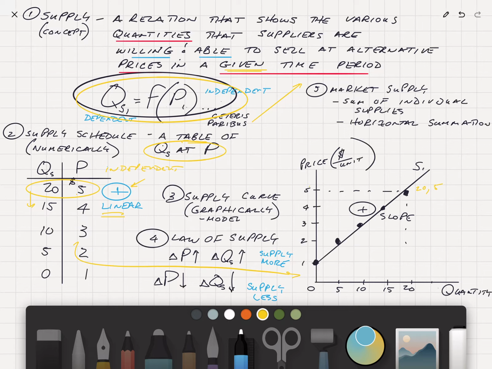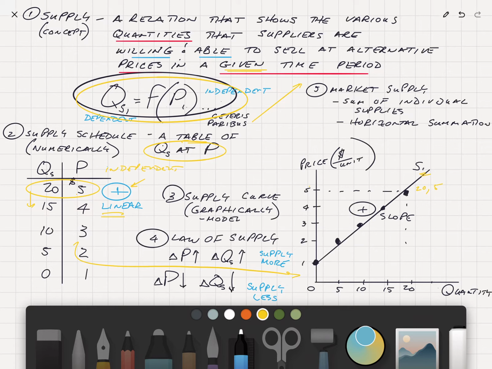If the price is $5, the quantity supplied would be 20 units. Now you can clearly see the positive slope, you can see the linear function, you're gaining information easier, more quickly than you do by simply looking at the supply schedule. And this is our supply curve at time period 1 or under a given set of assumptions 1.